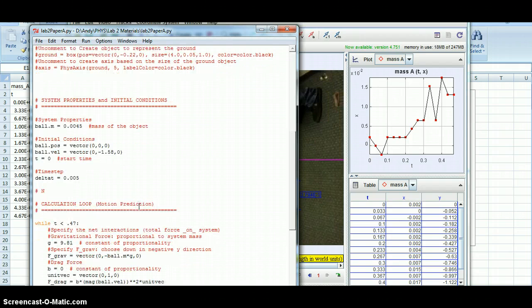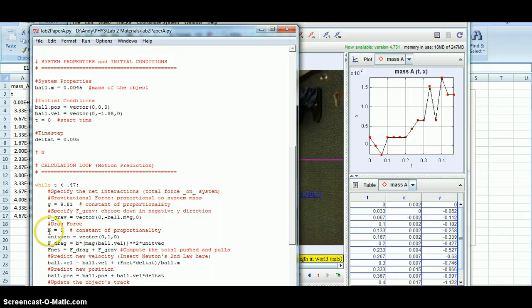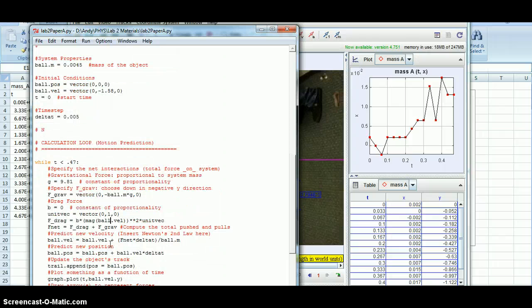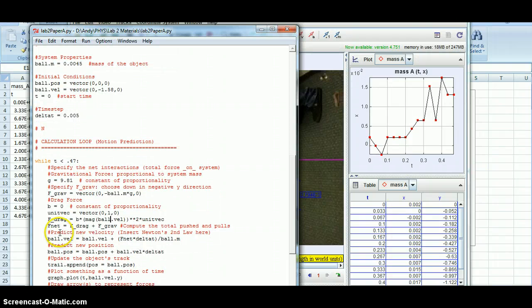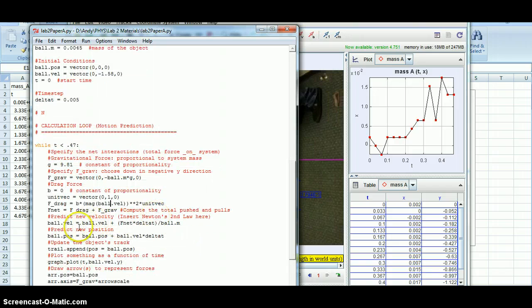Specifically in this model, I did not have a drag force, therefore my B was equal to 0, and my F net was just the force due to gravity. I used the momentum principle, where V final equals V initial plus F net times delta t divided by the mass, and the position update formula, where position final equals initial position plus velocity times delta t.